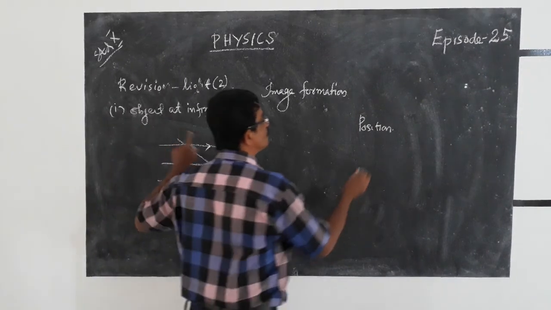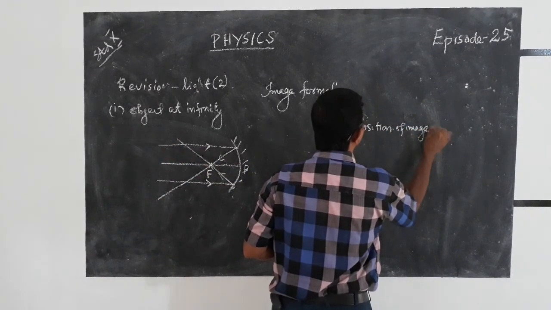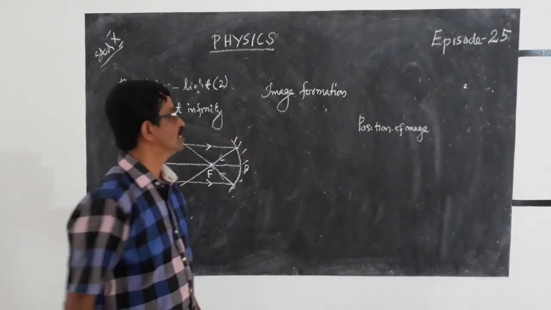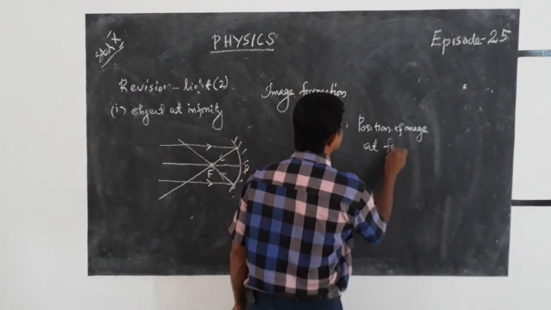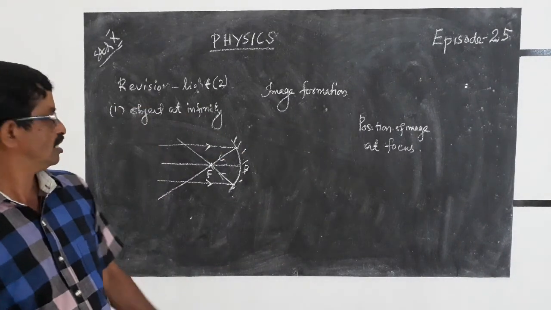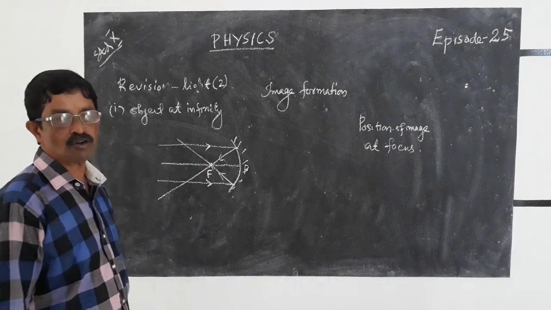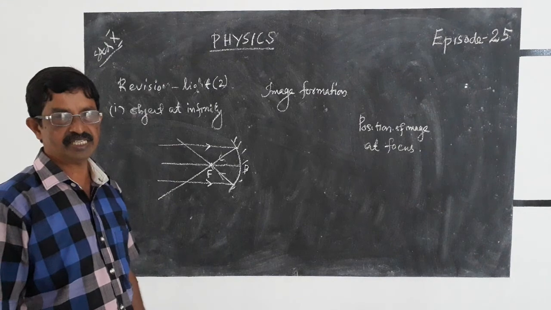Position of the image is at the focus. We got the image at the focus of the concave mirror when the object is at infinity.